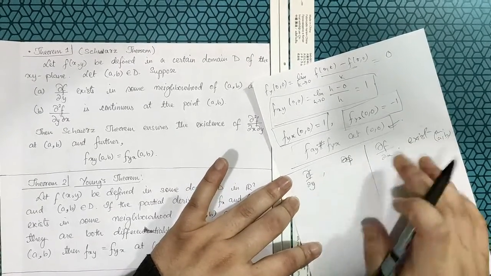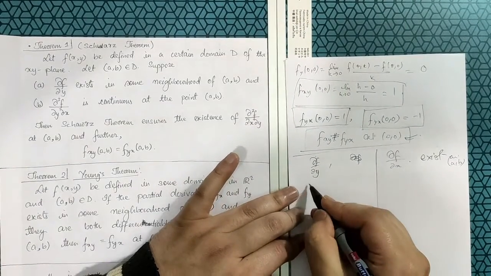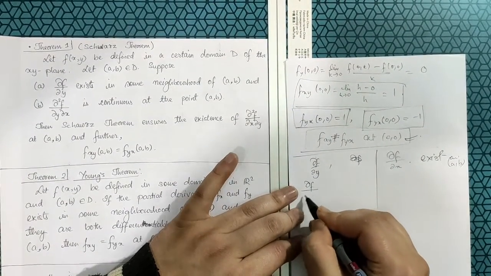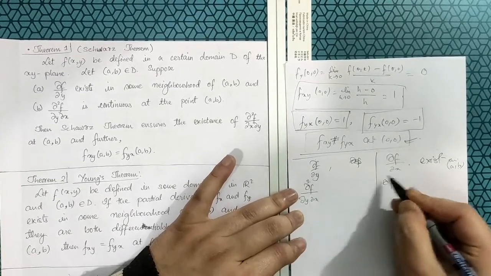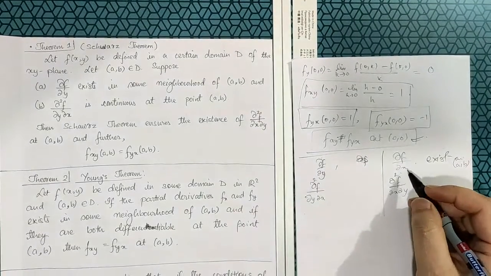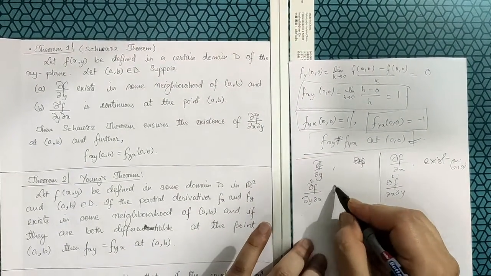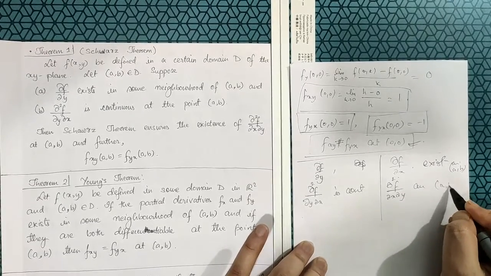So either this exists or this exists, we need only one. And the other condition is that either del 2f by del y del x or del 2f by del x del y is continuous in the neighborhood of (a,b).